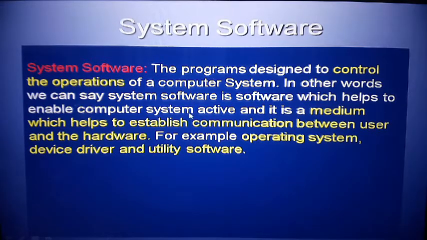User means you, and hardware means the computer. So how do we communicate? With the help of system software.